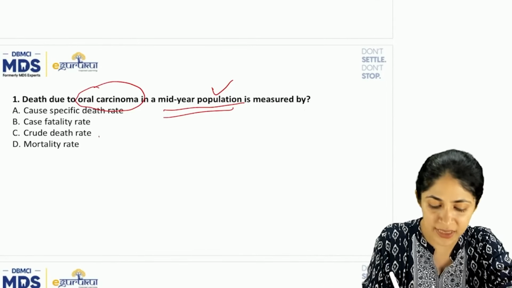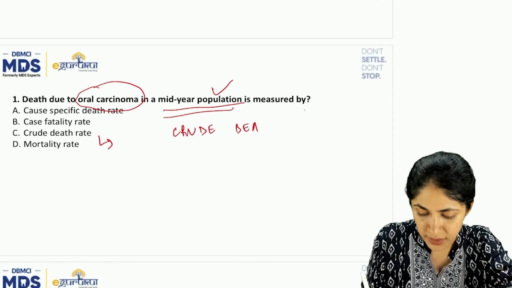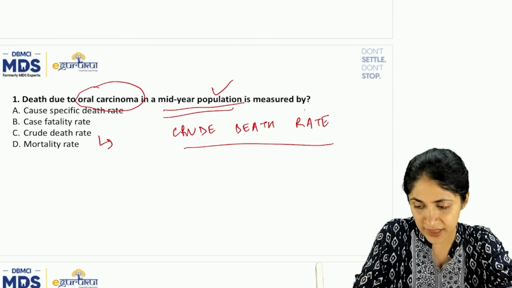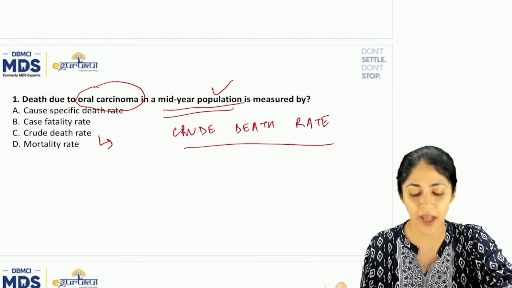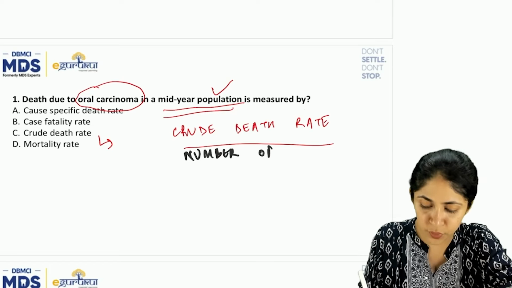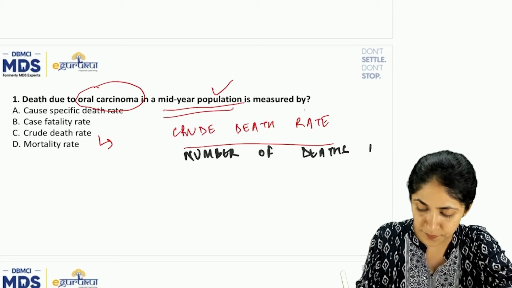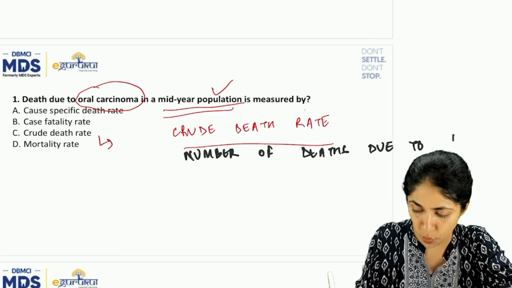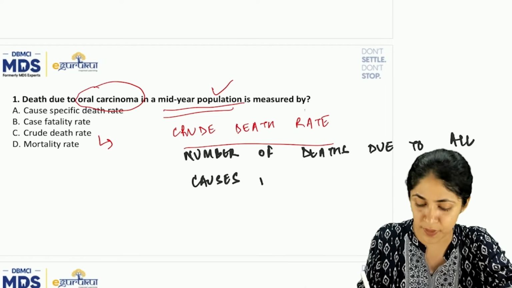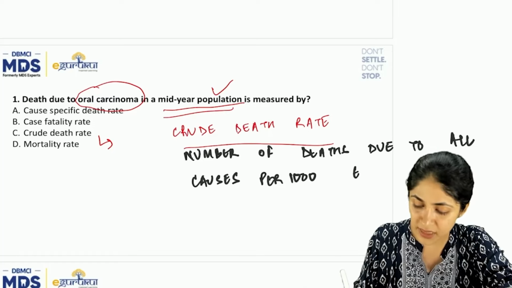What is crude death rate, okay? When we talk about crude death rate, what do we understand? Crude death rate is the number of deaths due to all causes per thousand estimated mid-year population in one year at a given place, okay.